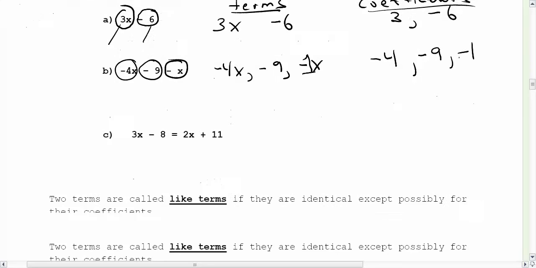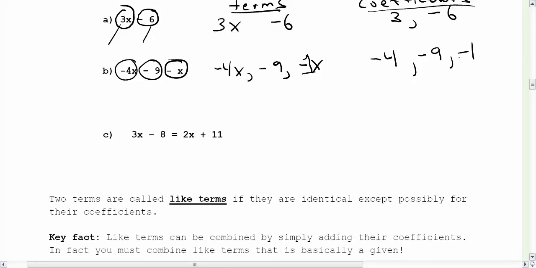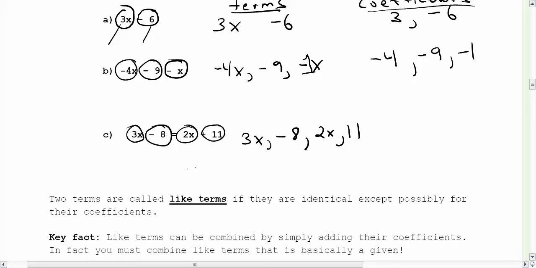The next one, my terms are going to be 3x, minus 8, 2x, and positive 11. So 3x, minus 8, 2x, and 11 are the terms.